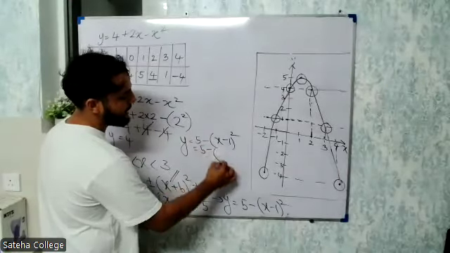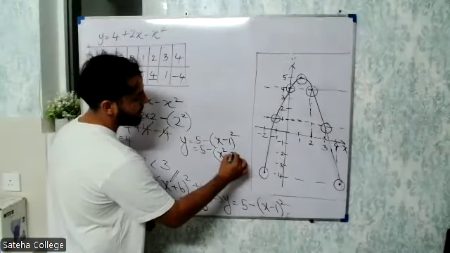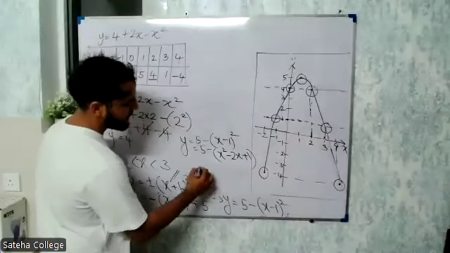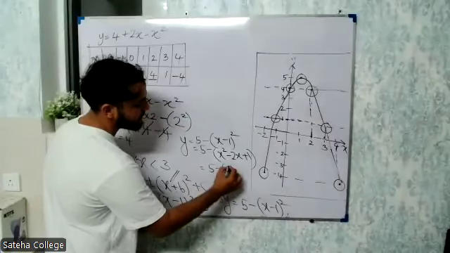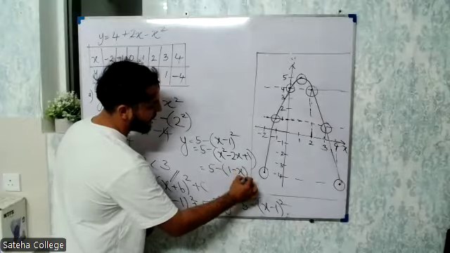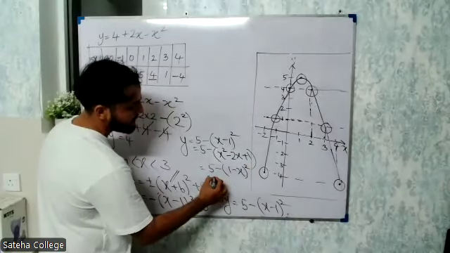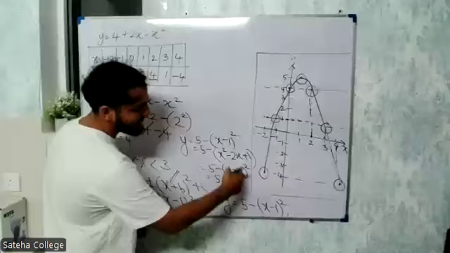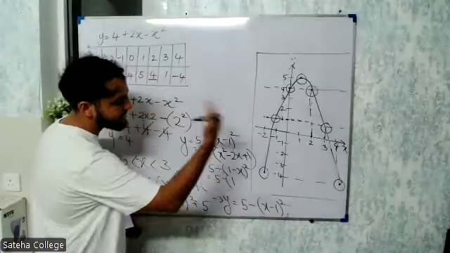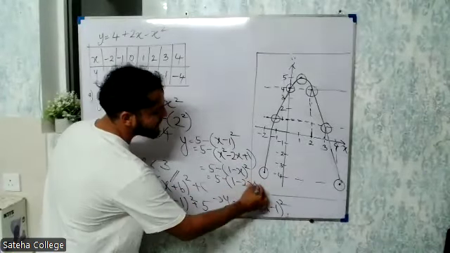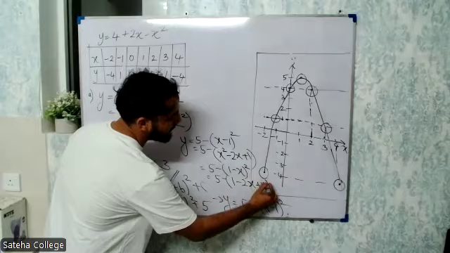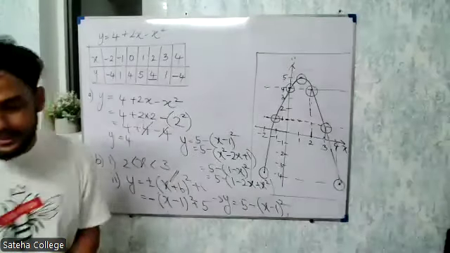If you open the bracket, what do you have? x squared minus 2x plus 1. Same thing. If I write 5 minus (1 minus x) squared, what will I have? 1 squared is 1, 1 into minus x is minus x, into 2 is minus 2x, minus x into minus x, that is plus x squared. Both are the same answer, right?